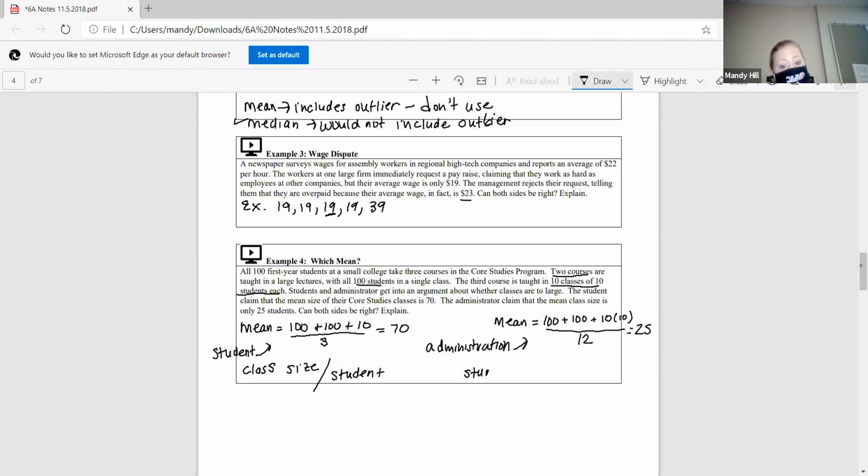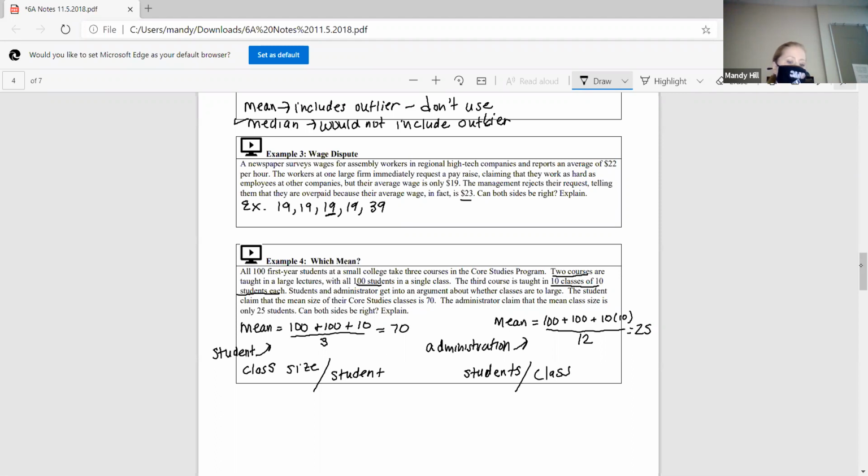Those are 2 different things, but it's easy to get that wording confused. So they have an argument about it, but they're really talking about 2 different things.